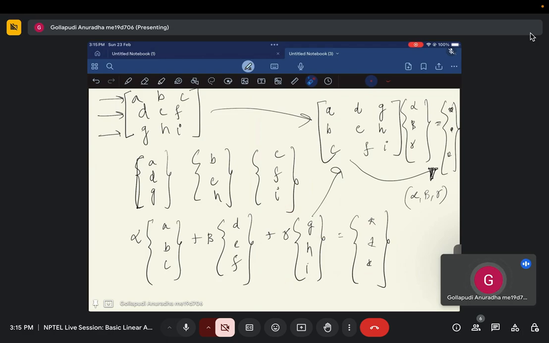The star can be anything, for example a column vector like ADG, BEH, or some linear combination of these. Then I can write this whole thing on the left side as a matrix, which is nothing but the transformation of this matrix. As it is a full rank matrix, this is also going to be full rank because the determinant is not going to be 0.